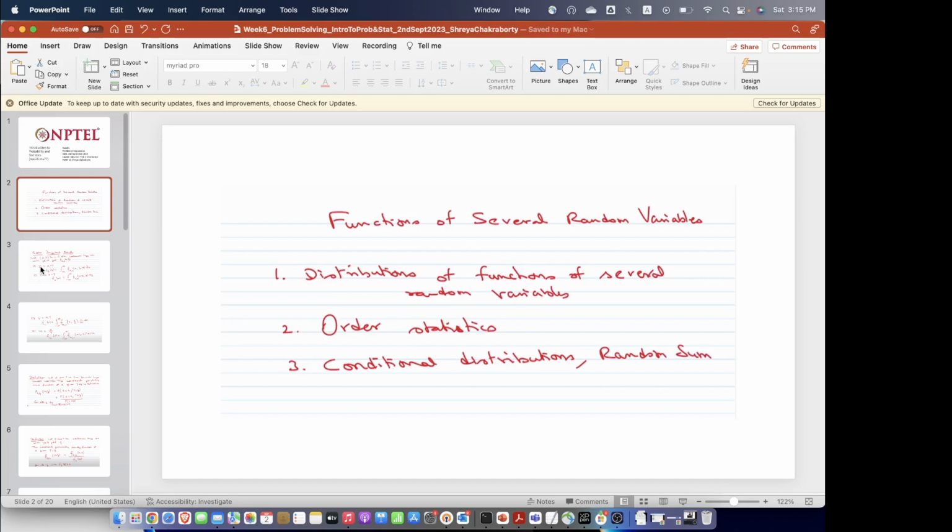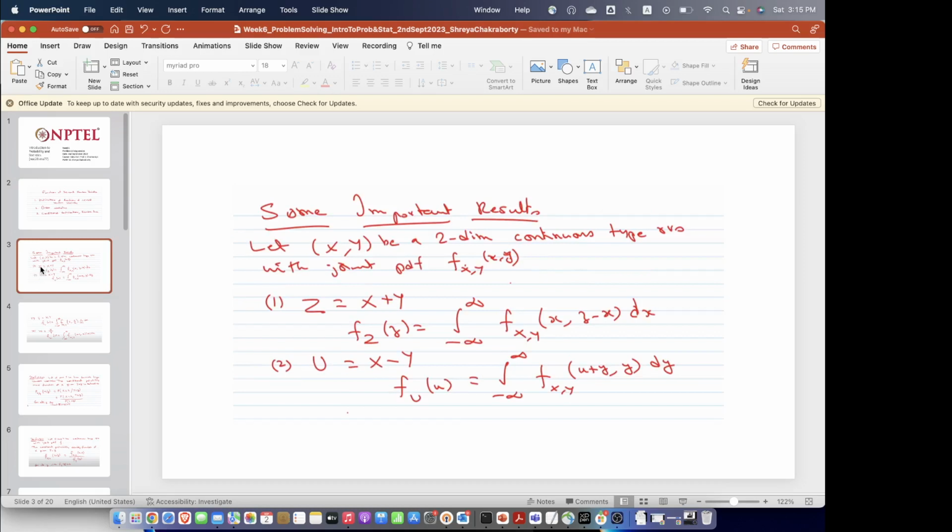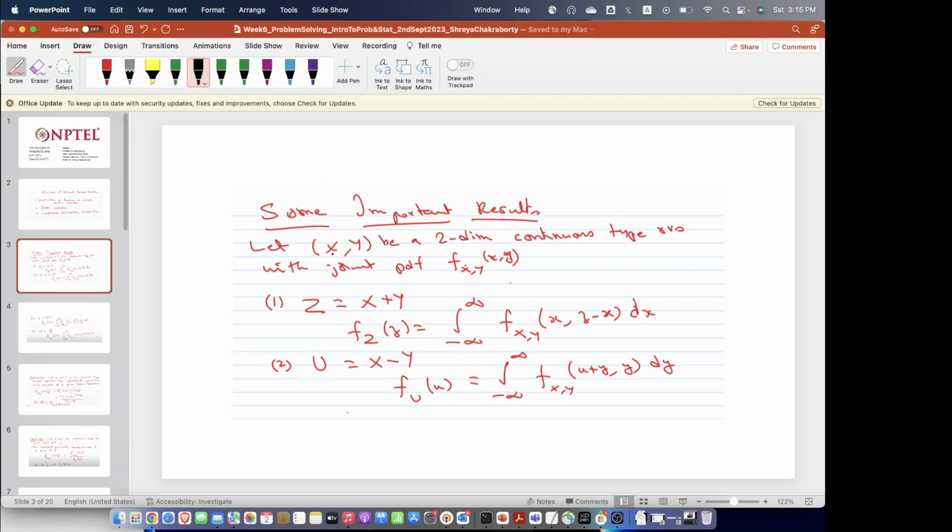So to find out certain important distributions of certain transformations, a few of the important results were stated as given over here. So if X, Y represent a two-dimensional continuous type random variable, so a random vector in 2D space, then the joint PDF is given by f_XY(x,y).